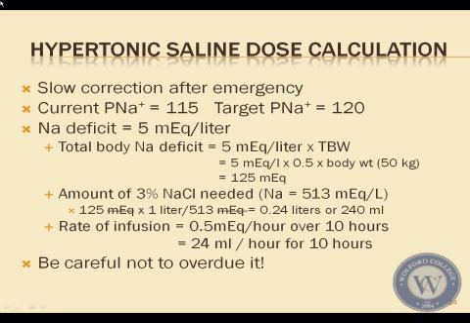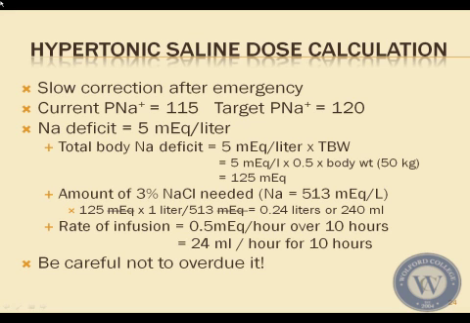Now, after you've done that, what I would recommend is slow correction after the emergency. So let's say your current plasma sodium is like 115, and the person's actively seizing. Your target is only 5 milliequivalents higher than that. Usually, that's good enough to stop the seizures.